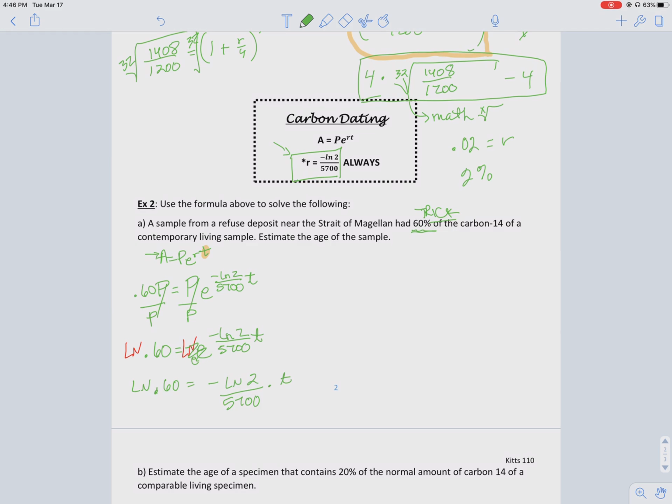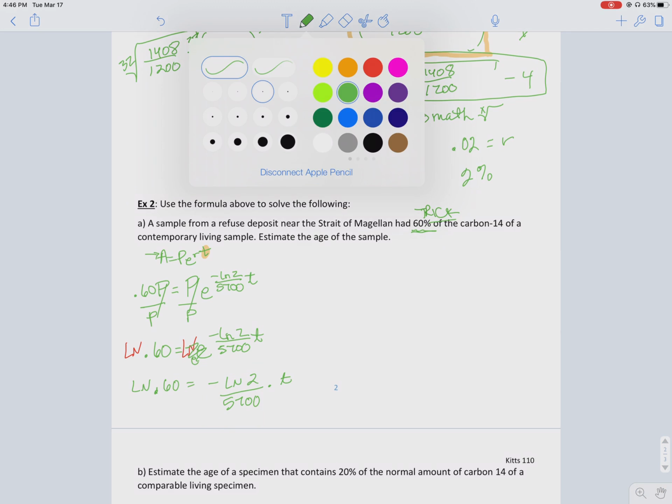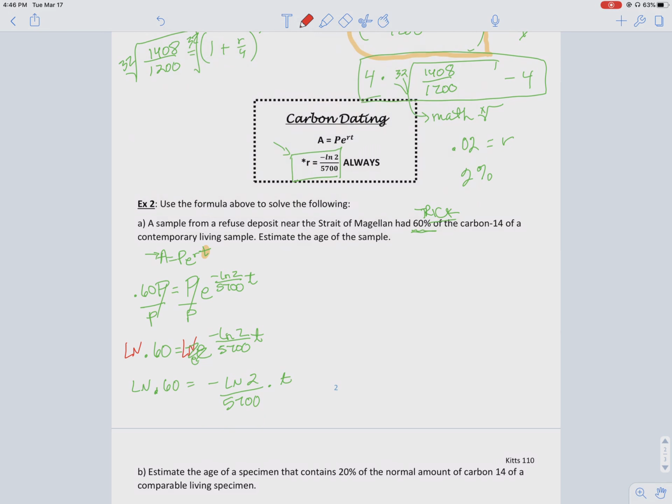All right, so how are we going to figure that out? Well, we need to get rid of this part right here. We can do that with another little trick. We're going to multiply by the reciprocal. If I put the 5,700 up here, those two 5,700s are going to cancel, and then I'm going to put this one on the bottom, ln of 2.